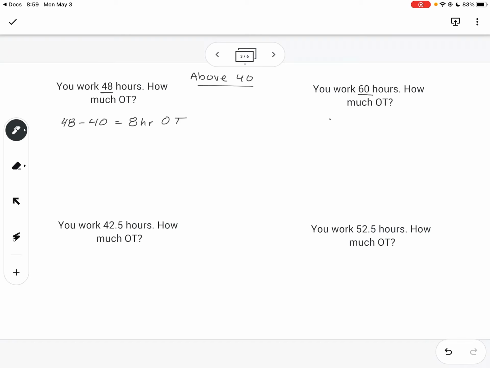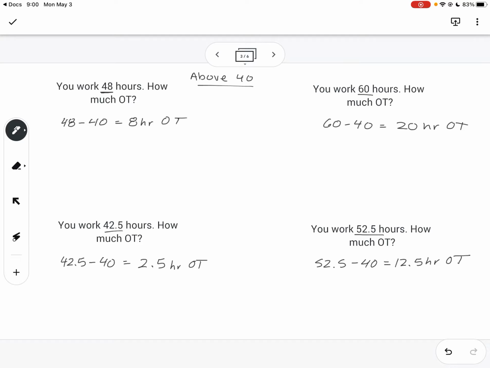If I work 60 hours, I would do 60 minus 40, which would give me 20 hours of overtime. 42.5 minus 40 is going to be 2.5 hours of overtime. And the last one is 52.5. So 52.5 minus 40 is going to be 12.5 hours of overtime.